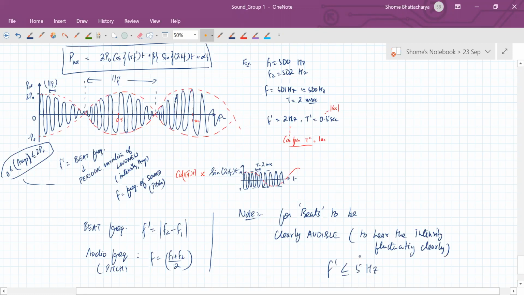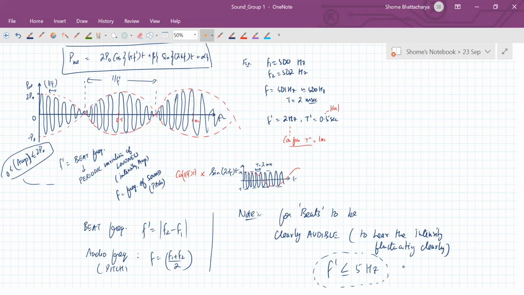I mean, this is not a strictly defined term. Some people will say this is 8 hertz, some people will say it is 10 hertz, some people will say it's 5 hertz. But in general, we don't want the difference of the two frequencies f1 and f2 to be very large. Definitely it cannot be greater than 20 hertz, because then it goes into the audio frequency range.